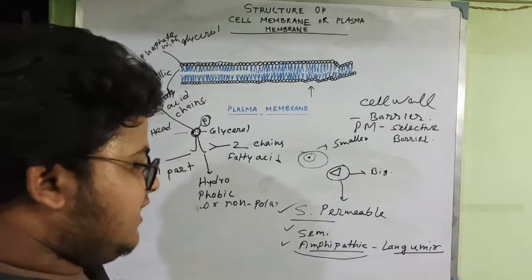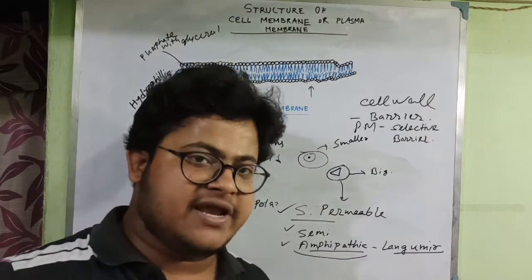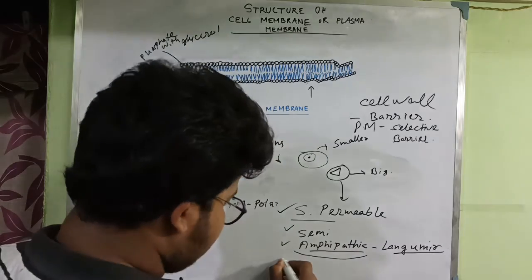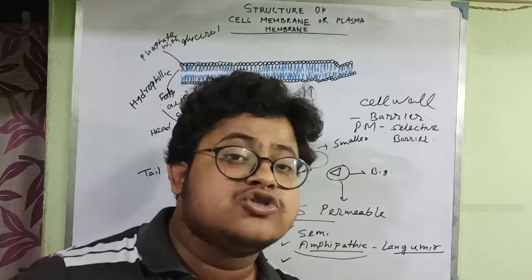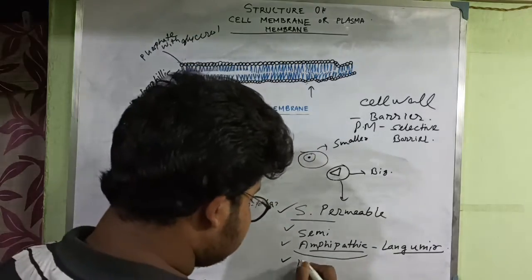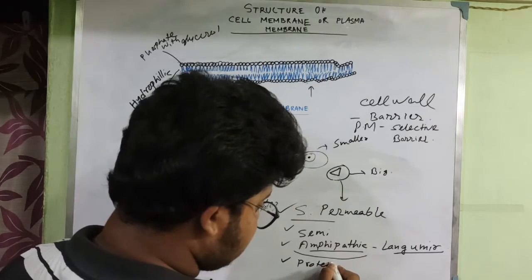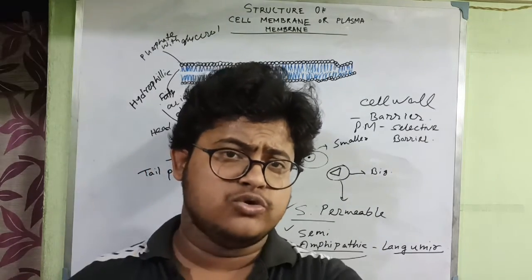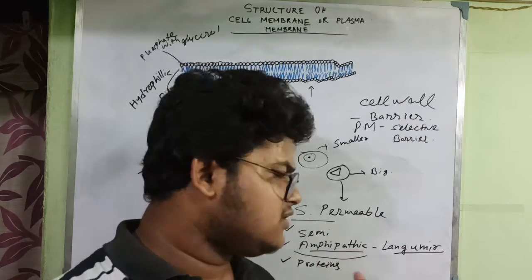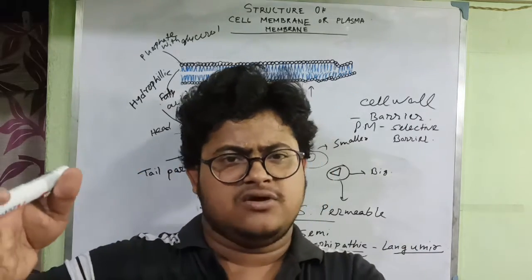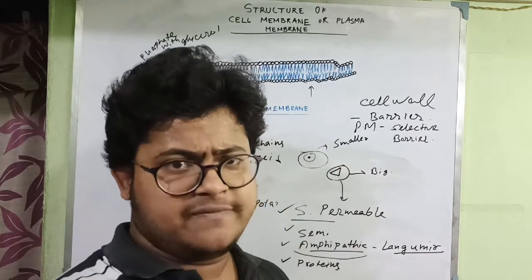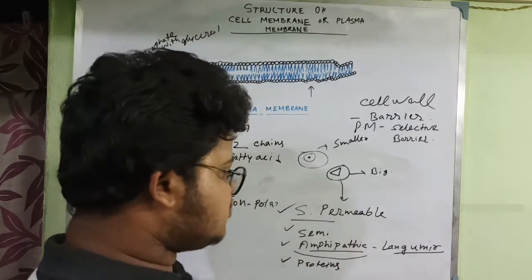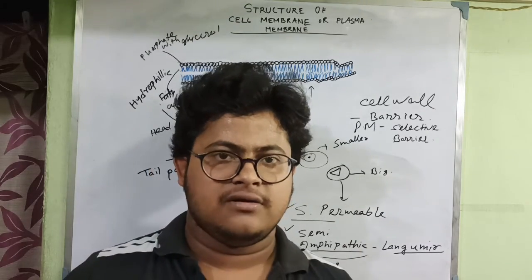So this is the amphipathic structure. And the cell membrane also contains some proteins, which can facilitate which outer or water-soluble molecules can pass or cannot pass the membrane. So this is the structure of the plasma membrane.